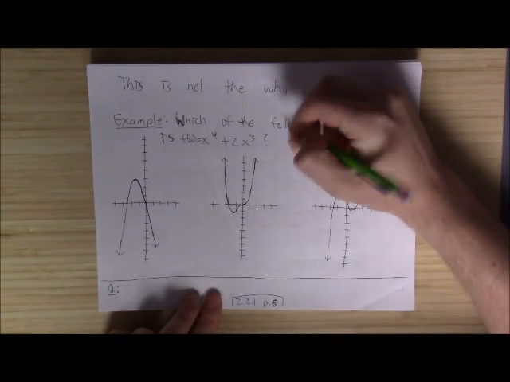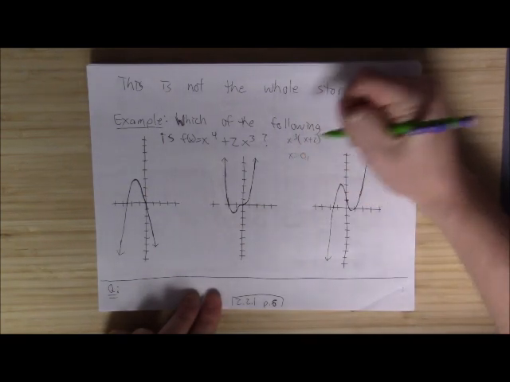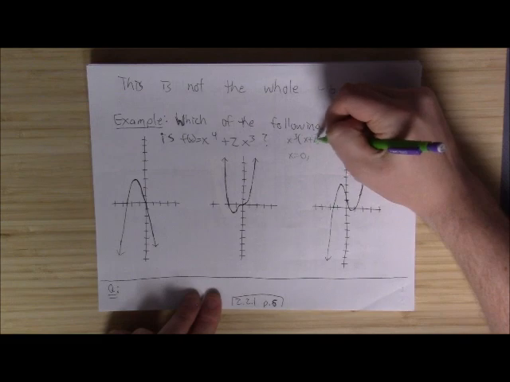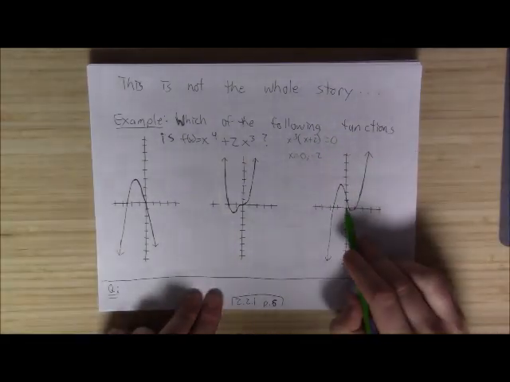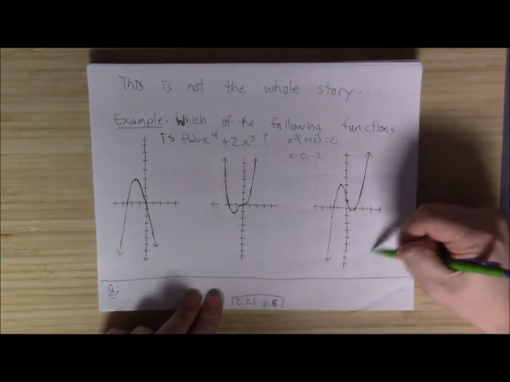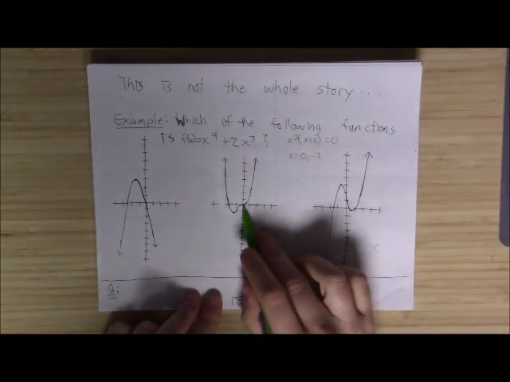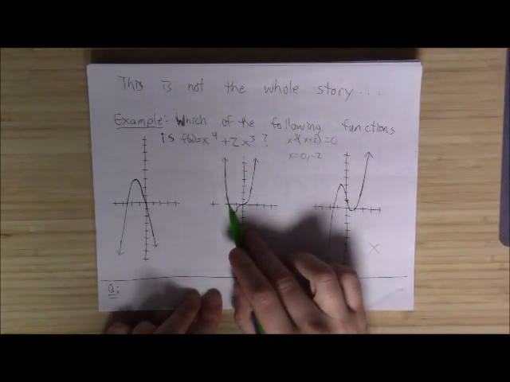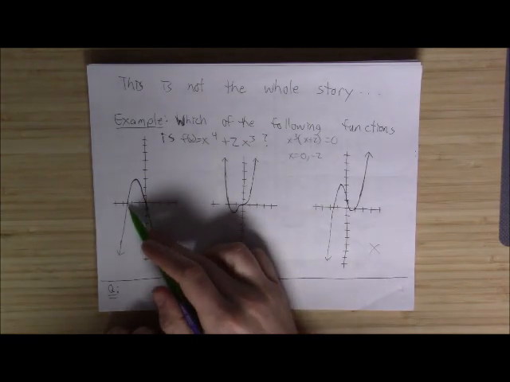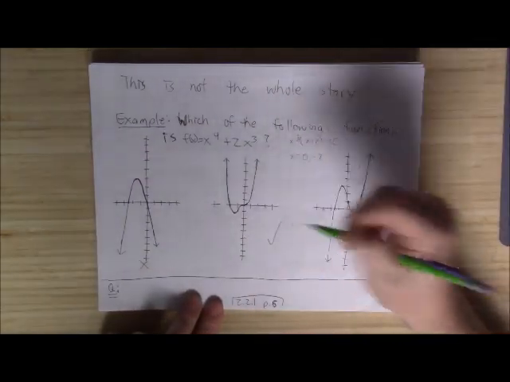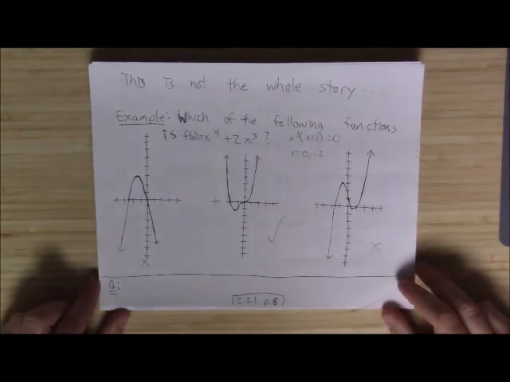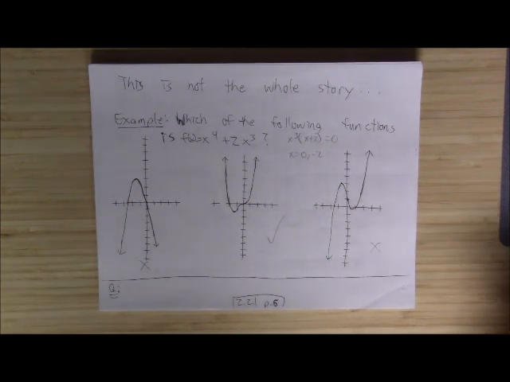So we should have a 0 at x equals 0 and x equals negative 2. Well, we'll see here that this does not have a 0 at 0, so that doesn't work. This one does have a 0 at 0, and this one does have a 0 at x equals 2. This one has a 0 at 0, but not at x equals negative 2, so this doesn't work, so this must be our graph.